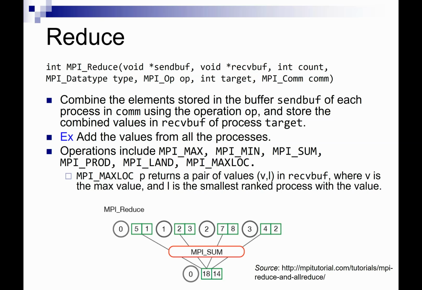Oh, right, and so I just want to mention that one of these functions is not so obvious. So this MPI max location. Okay, so this LOC stands for location. So this is actually going to return a pair of values, and this is basically doing a max of all the values, but it's going to tell you where the max came from. So for example, if we do a max loc over here, right, then the first max value is going to be 7, and this is coming from process 2.